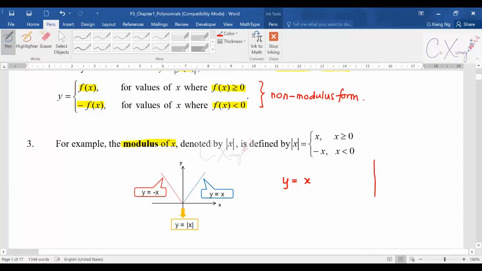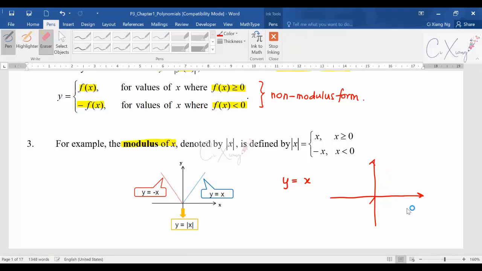So how can you sketch the line y equals x? I think everyone can draw this, right? So y equals x, your graph will look something like this. This is y equals x, and you also have this part, which is also y equals x.